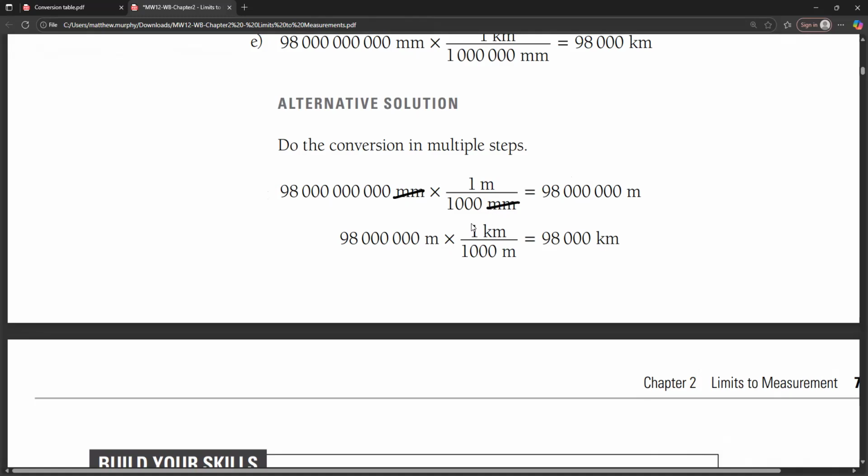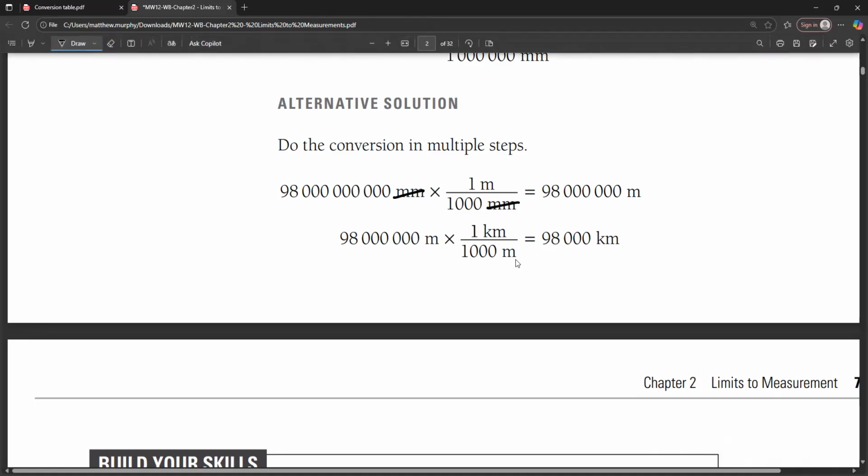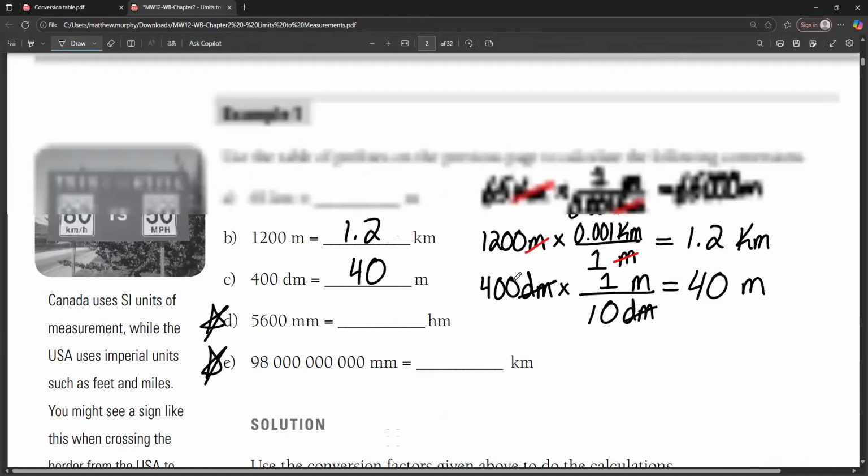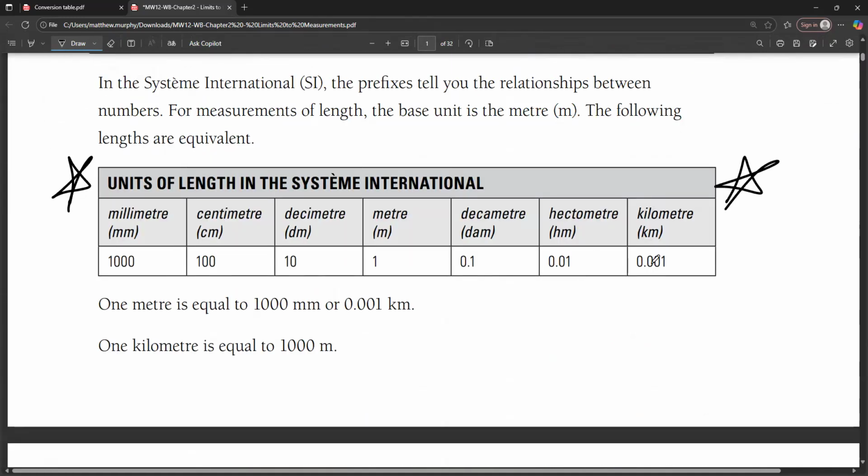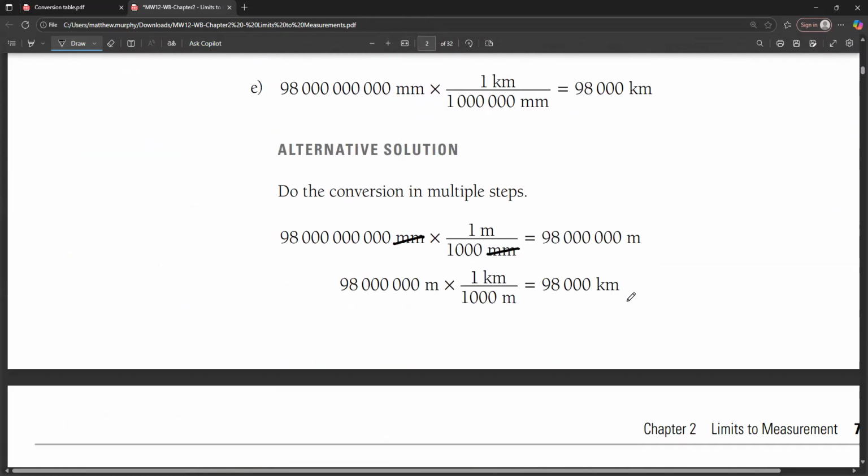Based off our table, it's 1 kilometer over 1,000 meters. Okay. Actually, when I just checked that, I think they used a different one. Yeah. Now, everyone knows usually that there's 1,000 meters in 1 kilometer because it's a known metric, but I'll just do the table version. Okay. And if you're familiar with this, then do that.